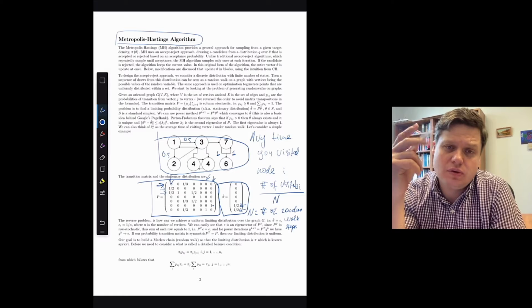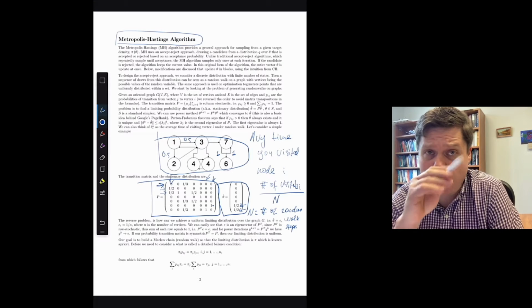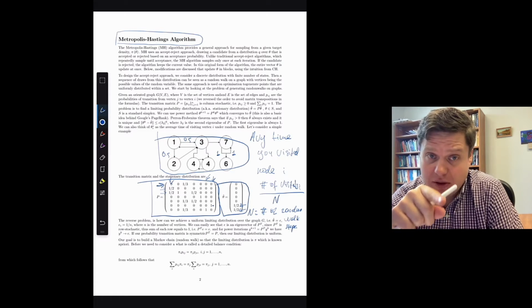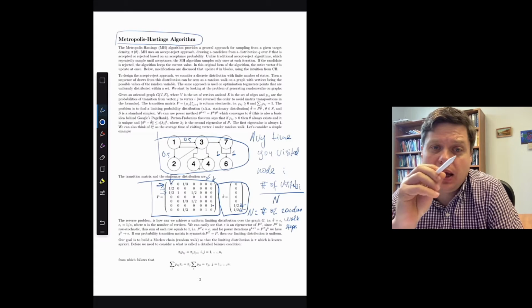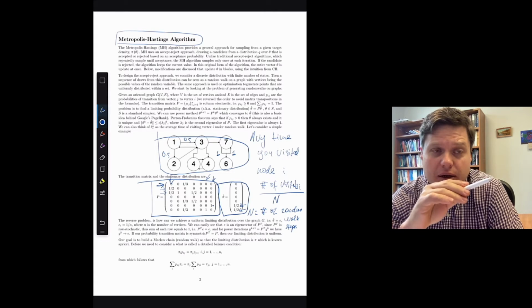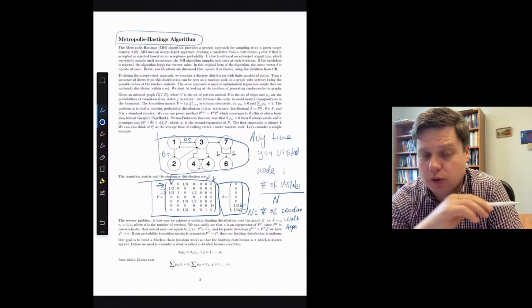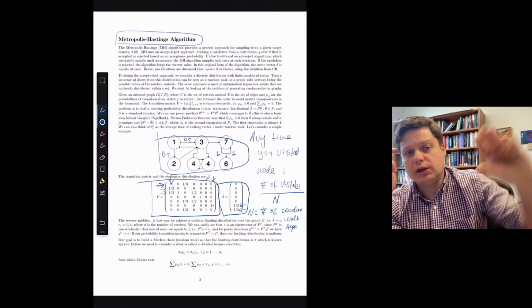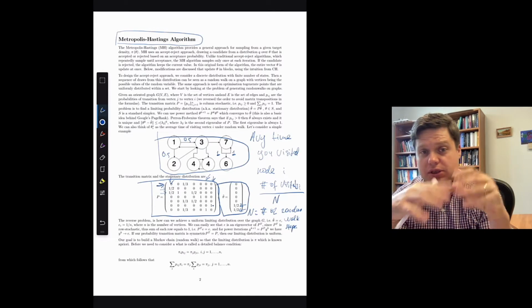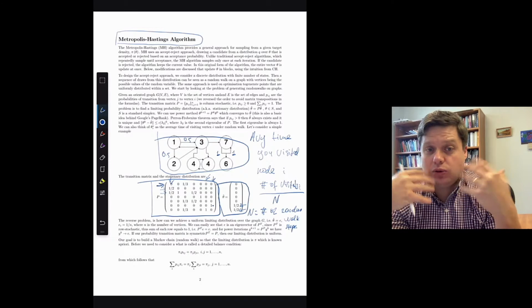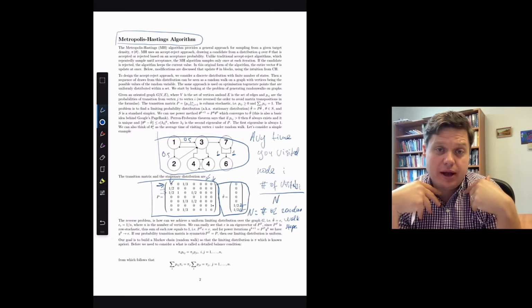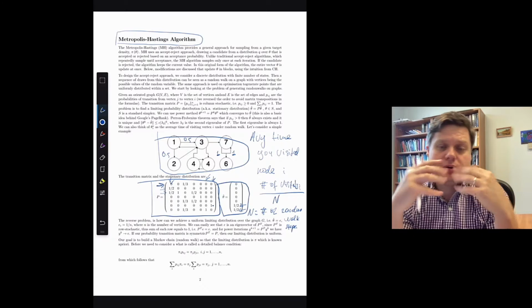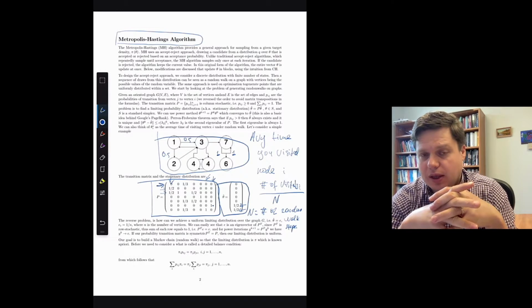In the case of Google search, each web page represents a node of the graph, and a link from one node to another node is represented by a URL. So if my web page has a URL link to some other web page, then on this web graph our two pages will be connected. There's going to be an arrow from my web page to the page I'm referring to.